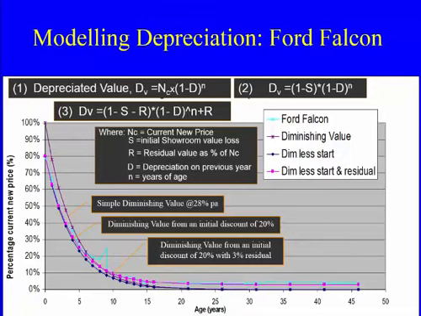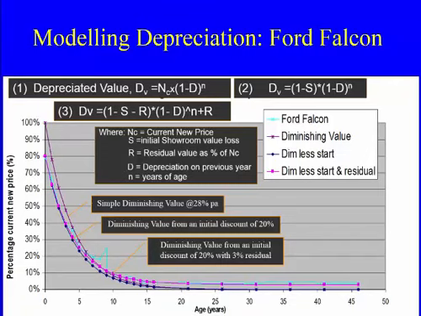We do that by first of all removing the residual from the overall depreciation calculation using the diminishing value, and then we add in that percentage right at the end. And so the equation becomes depreciated value equals 1 minus the initial loss minus the residual allowance times 1 minus the depreciation percentage raised to the power of the years of age plus the residual.